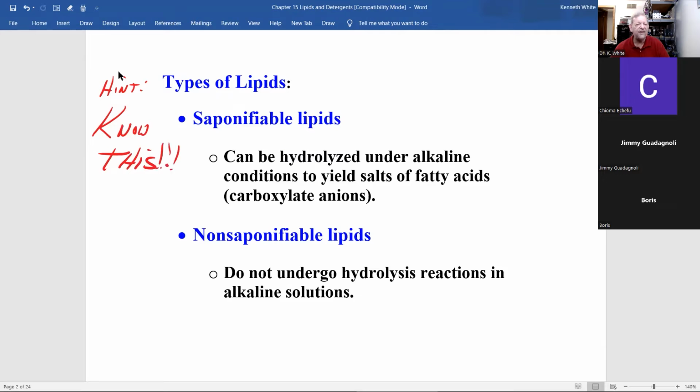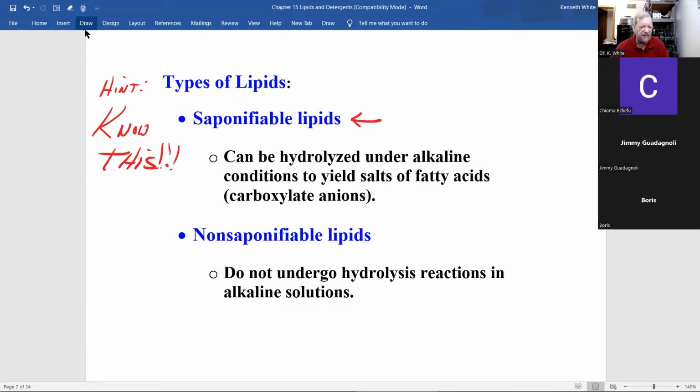And there are 2 types of lipids that you should know. The first one is called the saponifiable lipid. And what is a saponifiable lipid? It can be hydrolyzed under alkaline conditions to yield salts of fatty acids.